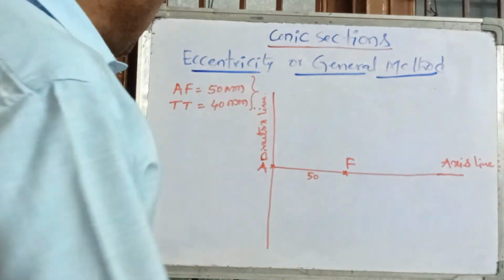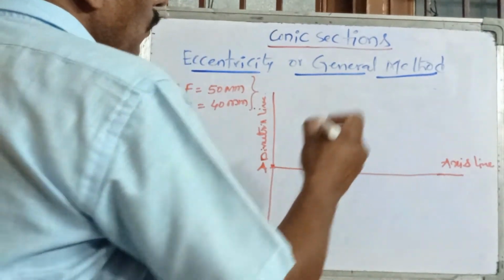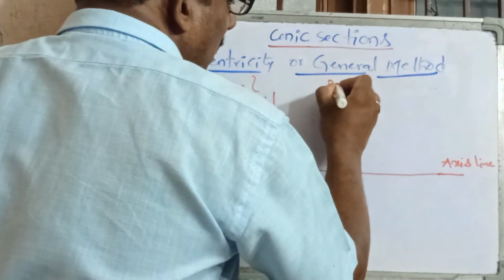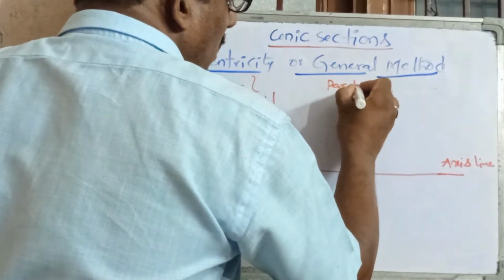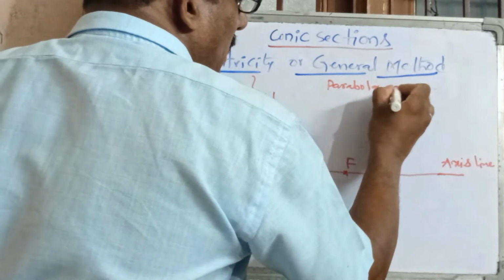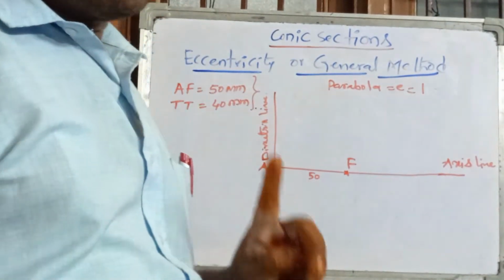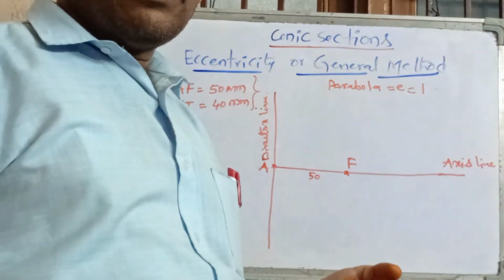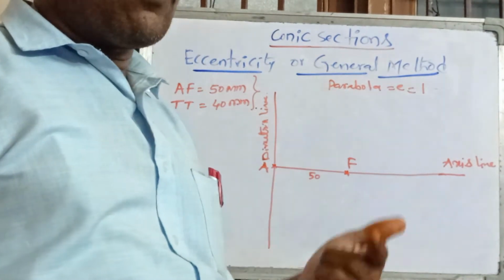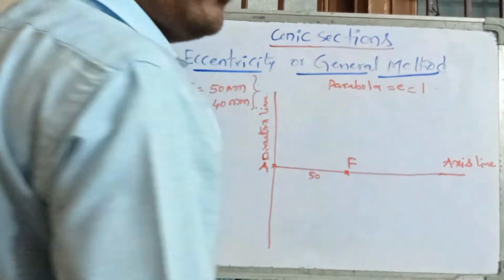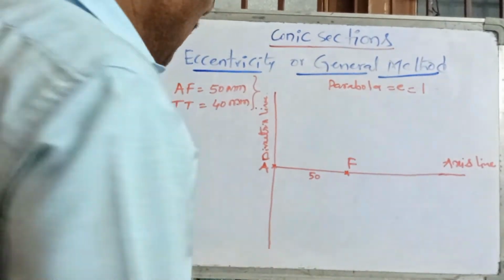So see clearly here. Suppose we are drawing a parabola. What is the eccentricity of a parabola? It is equal to 1. Eccentricity of the ellipse is less than 1. Eccentricity of the hyperbola is greater than 1. What is the meaning of eccentricity?